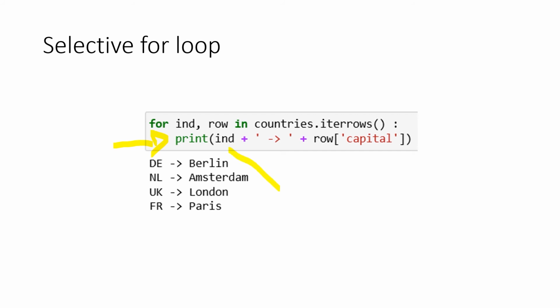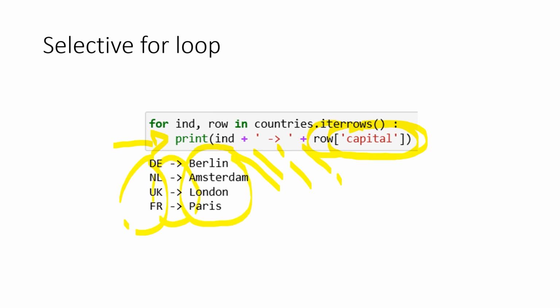So first we say index plus our arrow, and then plus here row. So we define which column actually we want to access. And here we define, okay, we would like to have the values of capital. So in the end, you will get your index, you get your arrow, and of course you get the value that is stored in the row under the column capital.